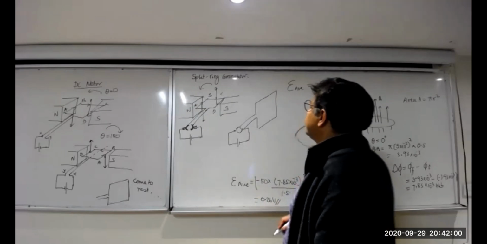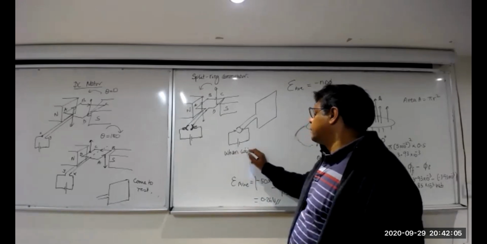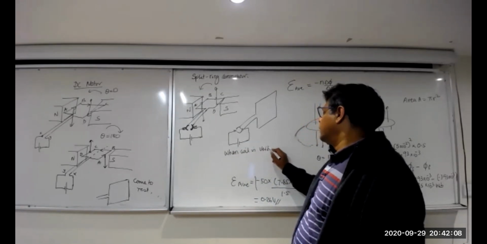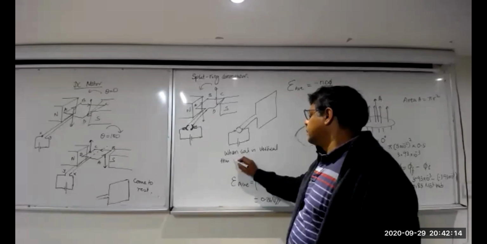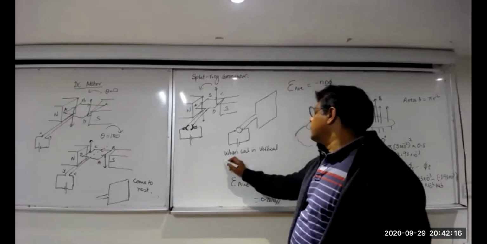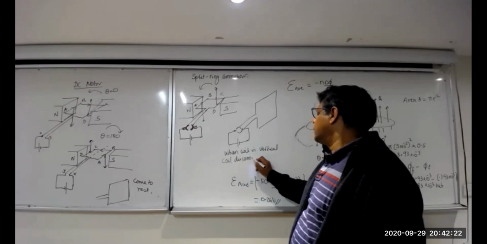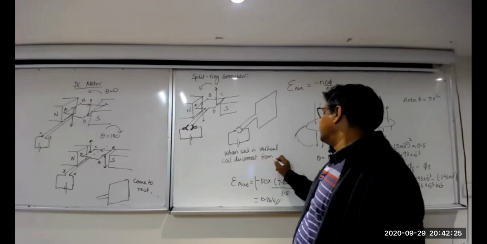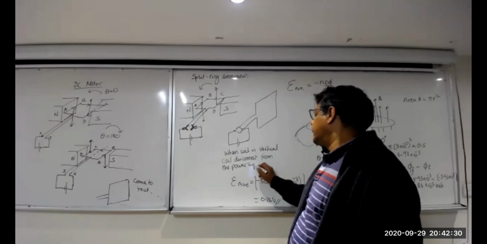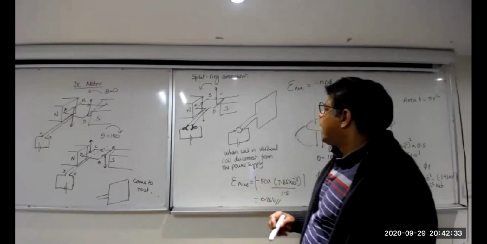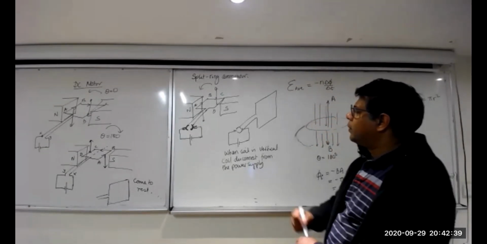There is no current flow through the coil, because the gap between the two half rings is nicely aligned with the graphite blocks.